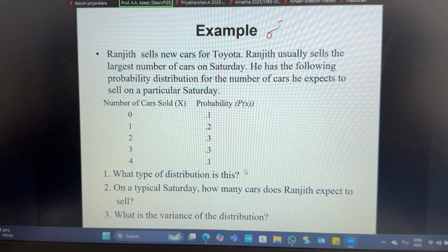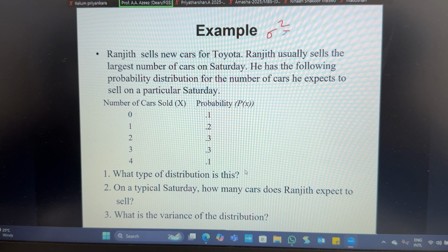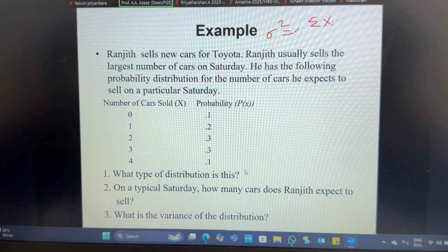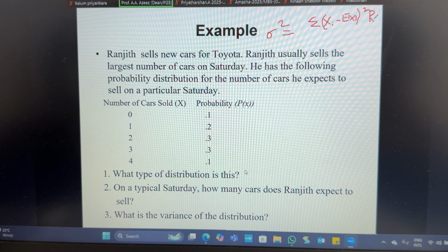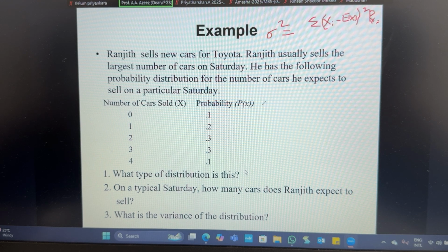So the variance is equal to sigma (xi minus E(X)) square P(xi). So this is the formula, right?